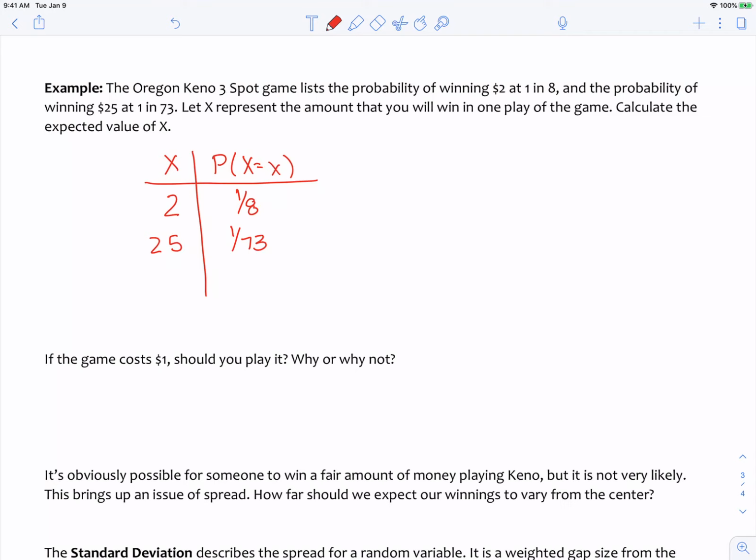Now, the one thing that's not listed here, but we also need to recognize is another outcome is when you don't win. If you lose, right, you're not going to get any money. And that still has probably a much higher likelihood of happening. And we don't know exactly the probability, but we can calculate it based on the fact that our distribution, our table here, should have probabilities adding to 1. So I can take 1 minus the probabilities I already know. So 1 minus 1/8, and then minus also 1/73.